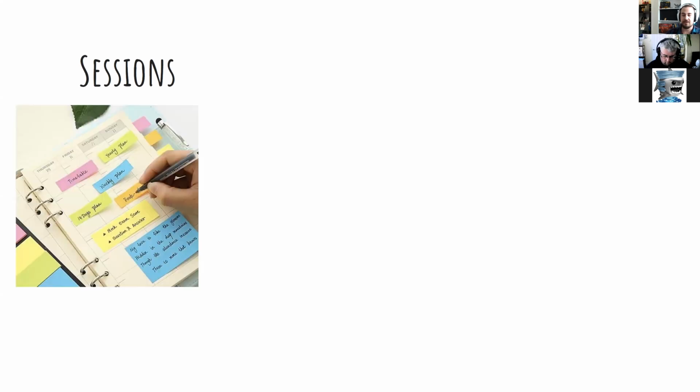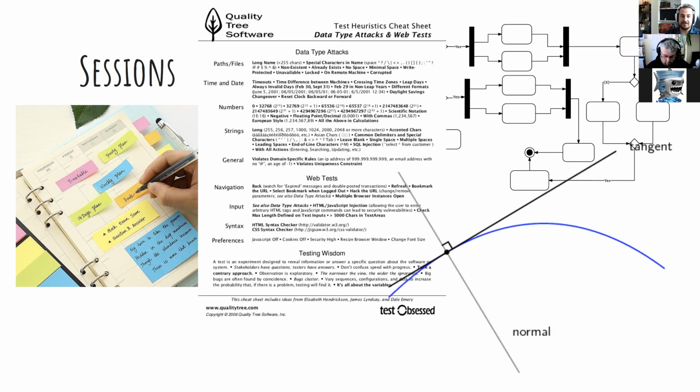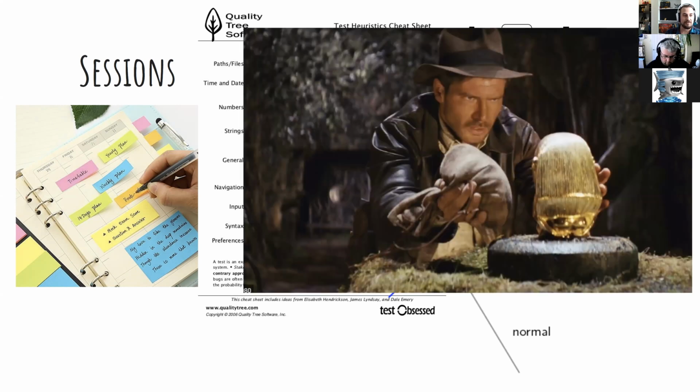When it comes to actually running a session, you pick up your charter, you kickstart it. You just want to time box it, obviously. You want to keep your notes, your diagrams, your heuristics cheat sheet nearby. During a session, if you notice you're going off on a tangent, try and use the charter to keep yourself focused and on track.